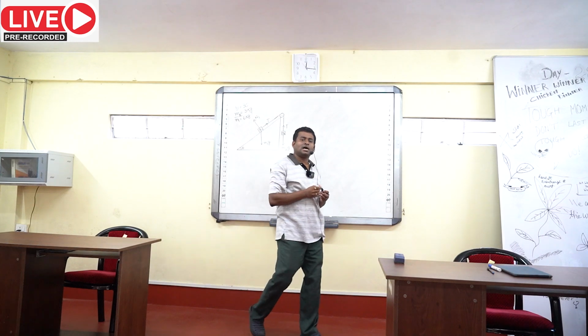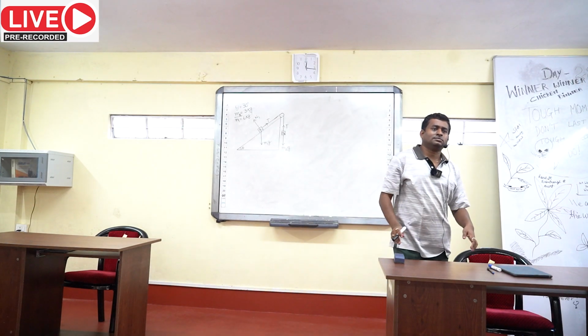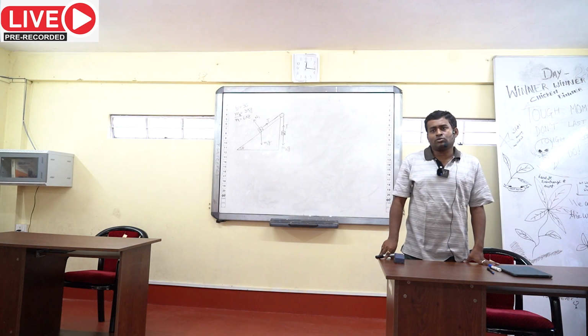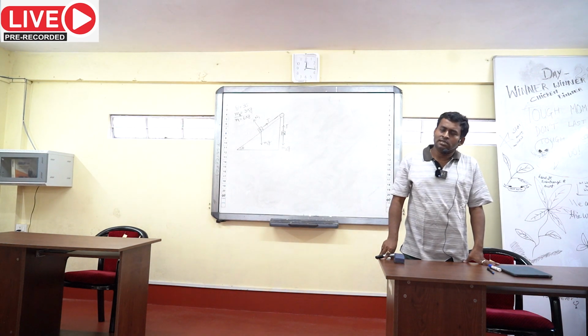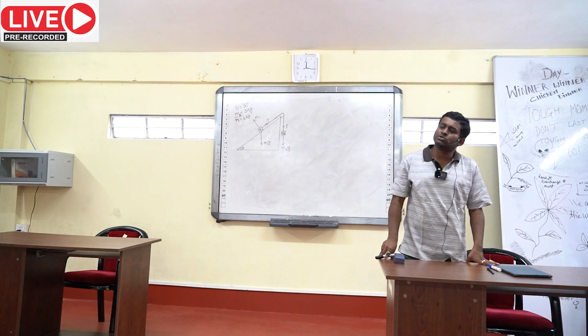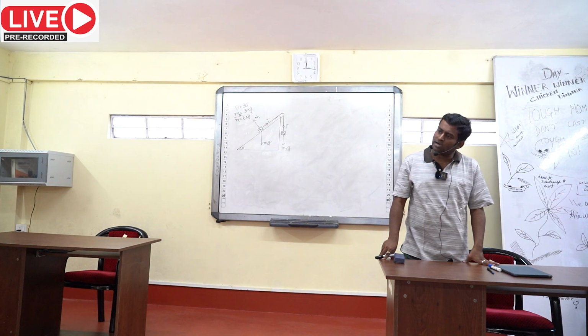Is there any other external force on M1? Tension is there for the string. Earth will pull with weight. The inclined surface will exert normal reaction. There is no other external force on this. Clear?